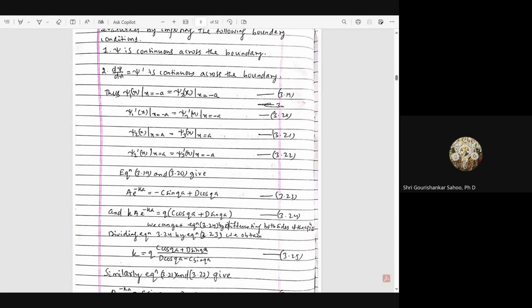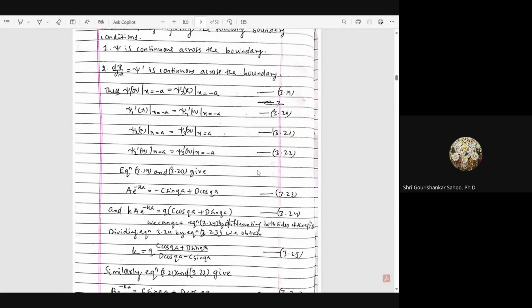Now, by differentiating both sides of the equation and dividing by the equation e to the power minus ka is equal to minus c sin qa plus d cos qa, you can get small k is equal to q times c cos qa plus d sin qa divided by d cos qa minus c sin qa.